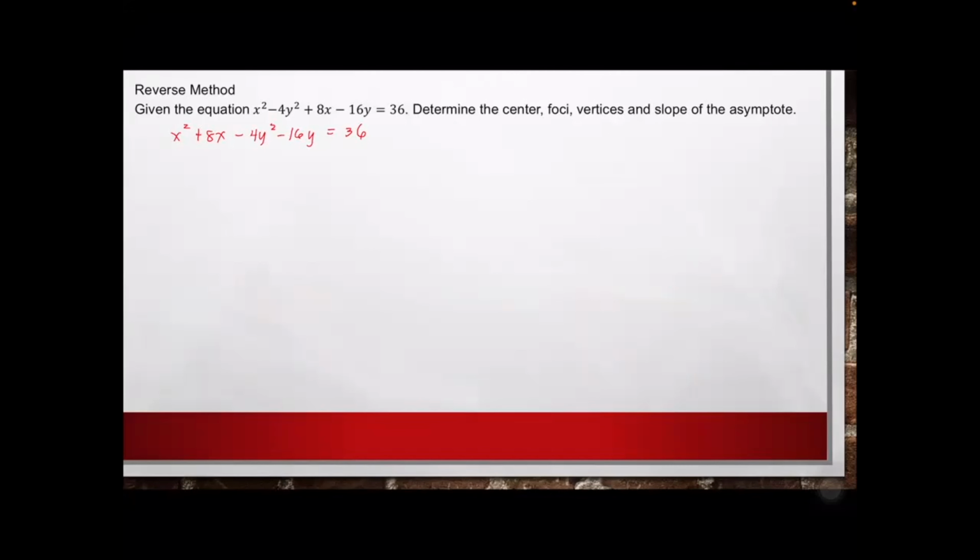So this will be x squared plus 8x. Let's factor first. So this will be minus, take out the negative, squared, this will be plus 16y equals 36. So why did it become positive?